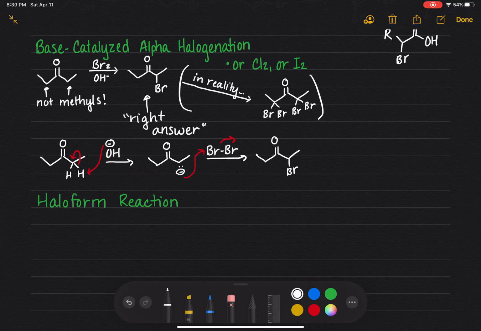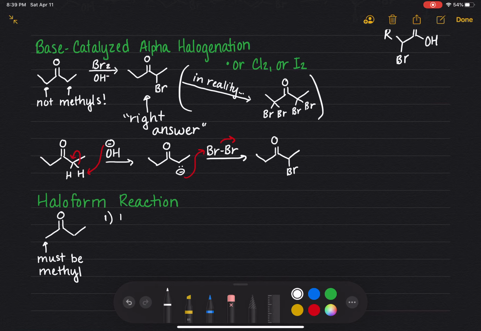The haloform reaction is a test to determine if we have a methyl ketone. So it can only be done if we have a methyl out here, at least one methyl. The haloform reaction is a two-step reaction.